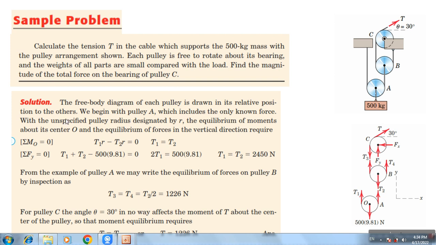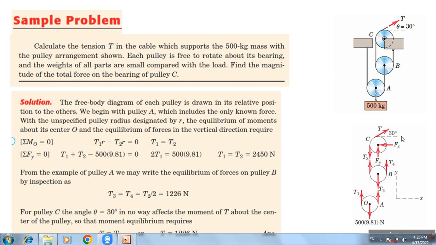Solution. The free body diagram of each pulley is drawn in its relative position to the others. You can see here I have drawn the free body diagram for each part.